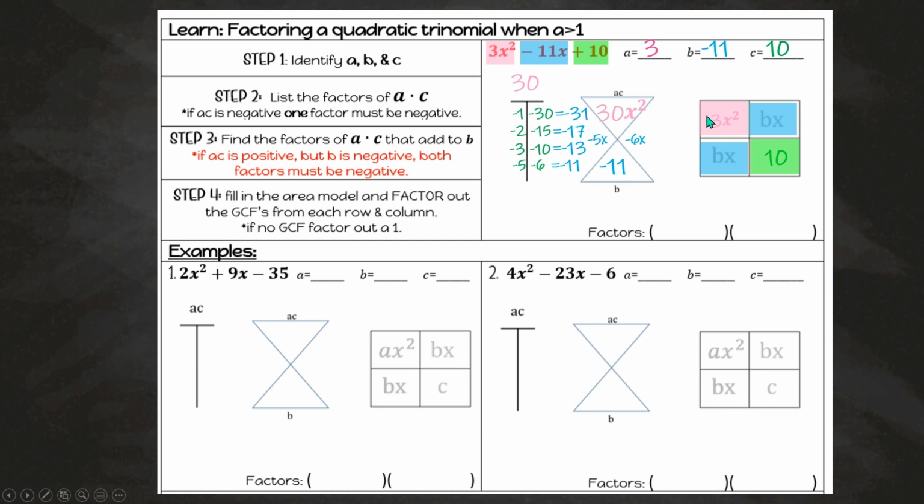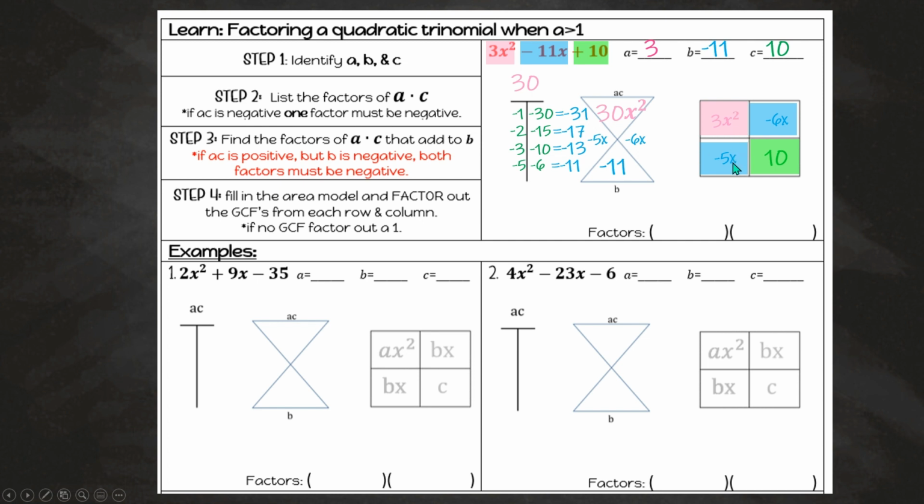Okay, so what is this box over here that I'm filling in? So in this area model, I filled in my a term, 3x squared, and I filled in my c term, positive 10. Now I'm going to use the two new terms that I found, the negative 5x and the negative 6x, okay, to fill in these two boxes. Now I have to factor out of each row and each column to see what my original factors were.